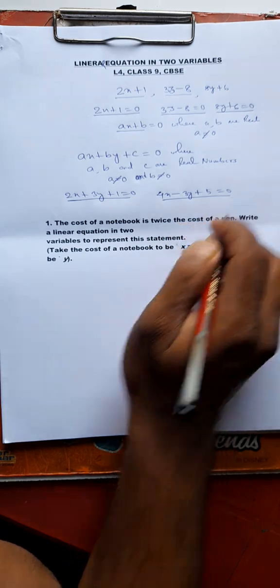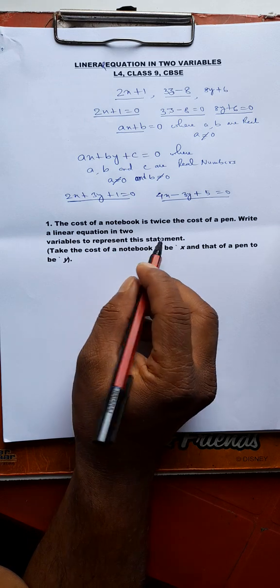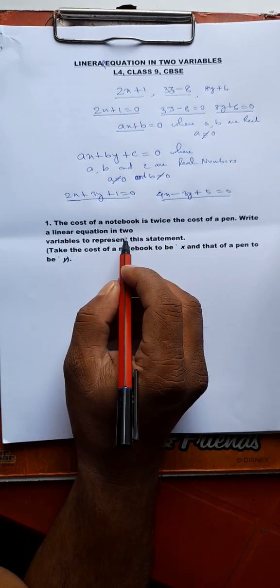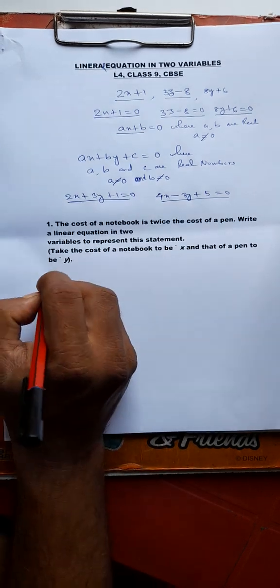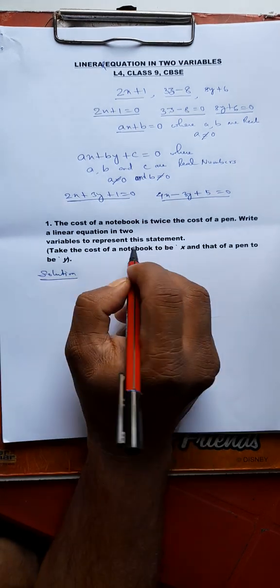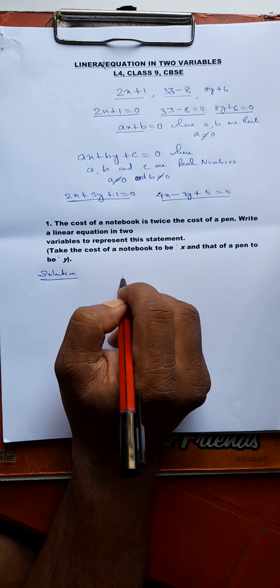Now let's discuss one question here. The cost of a notebook is twice the cost of a pen. Write a linear equation in two variables to represent this statement. Solution: suppose the cost of a notebook is twice the cost of a pen. So notebook is costlier than pen.